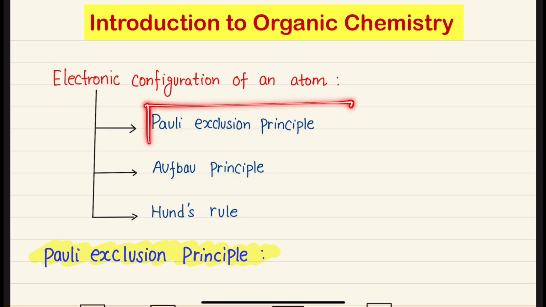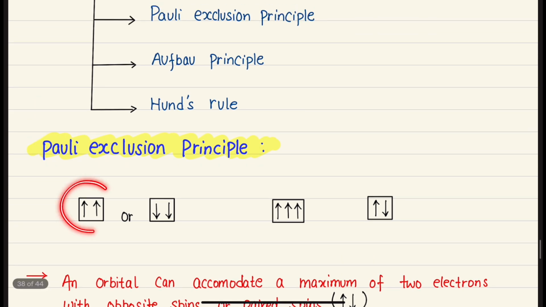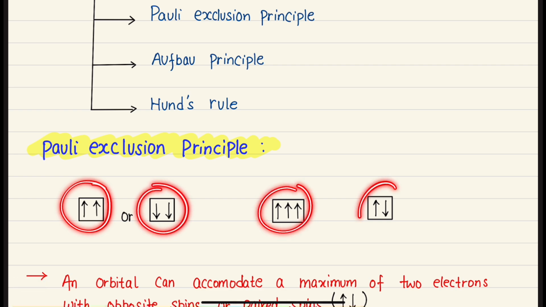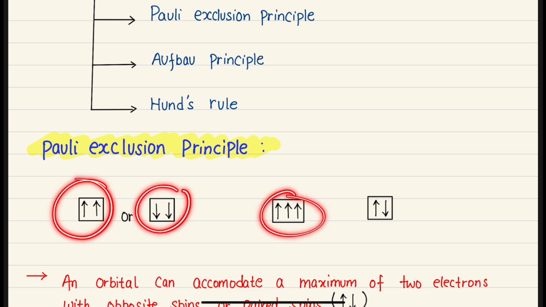First is the Pauli Exclusion Principle. In this lecture we mainly focus on the Pauli Exclusion Principle. Suppose we have an atomic orbital. It can be any atomic orbital; it can be s, p, or d.